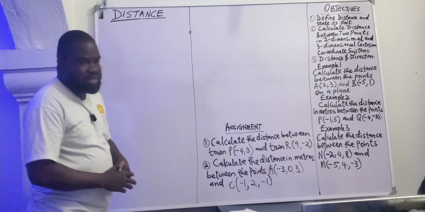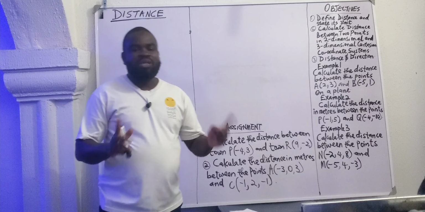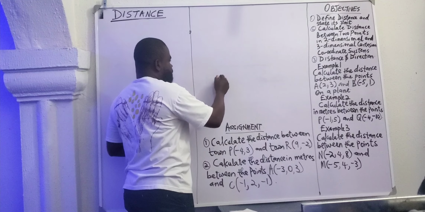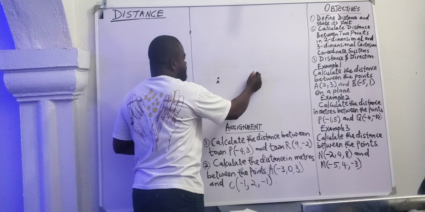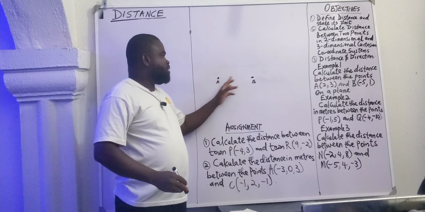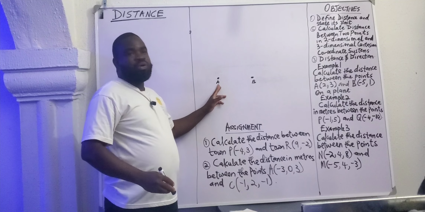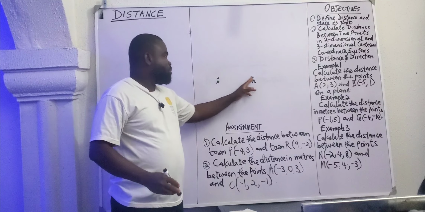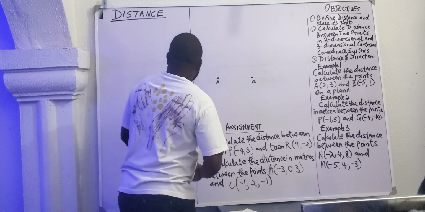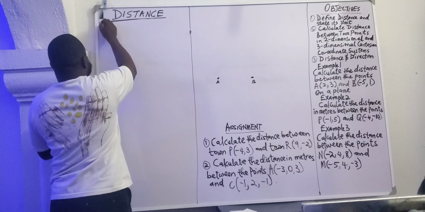Distance is defined as a measure of the separation between 2 points. If you have 2 points, point A and another point B, we want to know how far point B is from A. We will know by measuring the distance between A and B. So let's define distance.